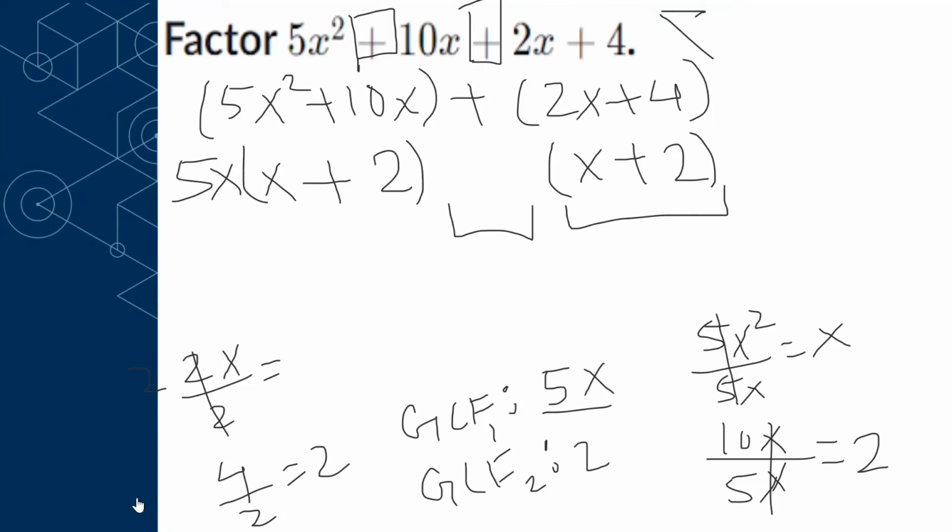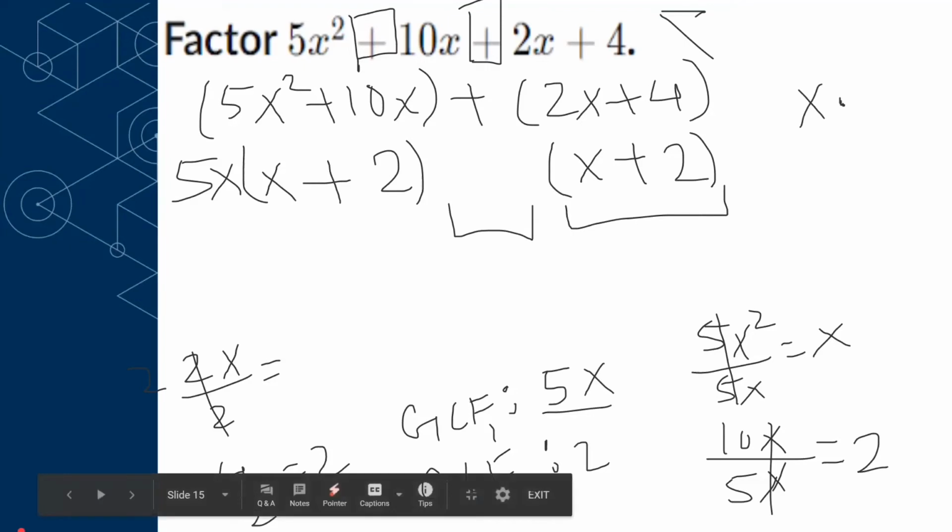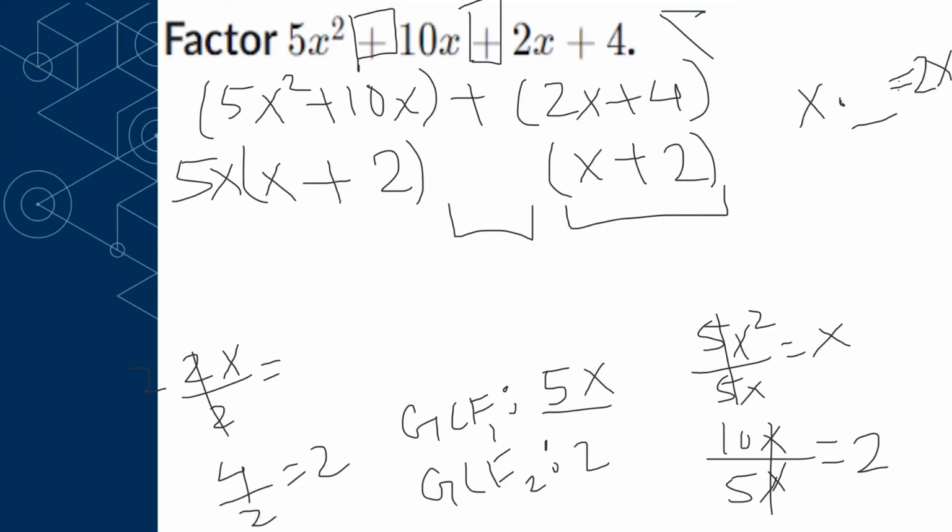Well, you ask yourself, what should I times x by so that I will have 2x, right? I think you should times it by 2 because x times 2 gives you 2x. So then 2 is probably your GCF.